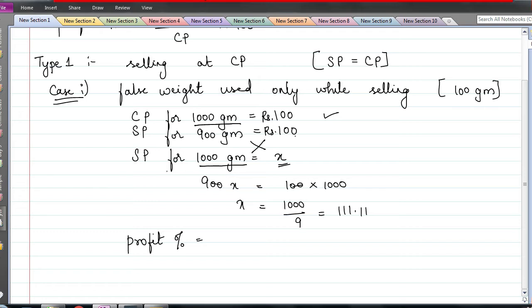Selling price for 1000 grams, which is 111.11, minus cost price for 1000 grams, which is 100, divided by cost price, 100, into 100. This is the purpose of keeping cost price as 100. In our next formula, I am not going to use the division by cost price into 100, because we know it is going to get cancelled. The difference between your selling price and cost price is going to be your profit percentage.